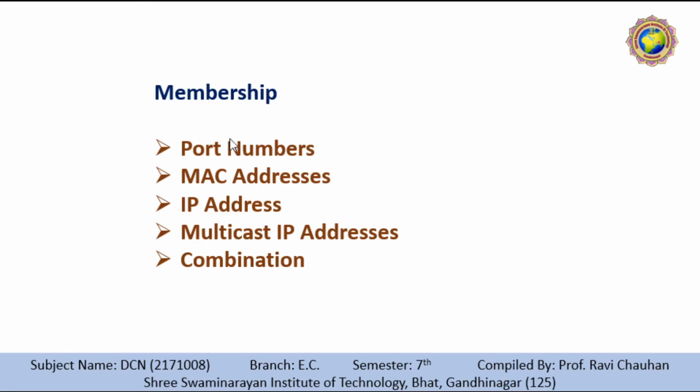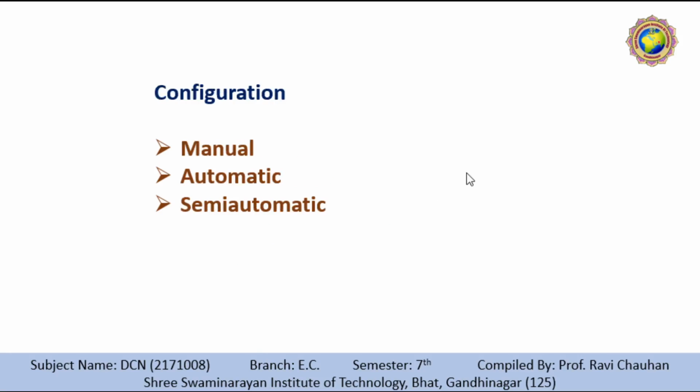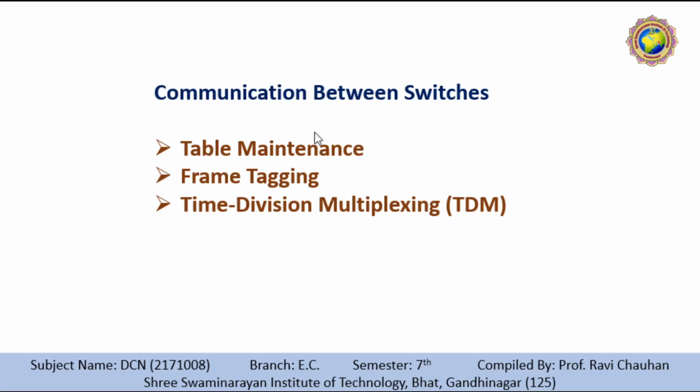How to identify a membership with the following characteristics: port number, MAC address, IP address, multicast address, or a combination of 2 or more. How to configure our virtual LANs: manual, automatic, and semi-automatic. How to communicate between the switches by table maintenance, frame tagging, and TDM.